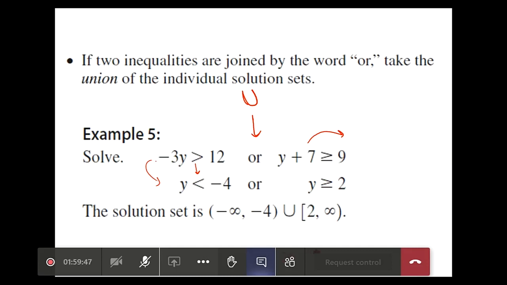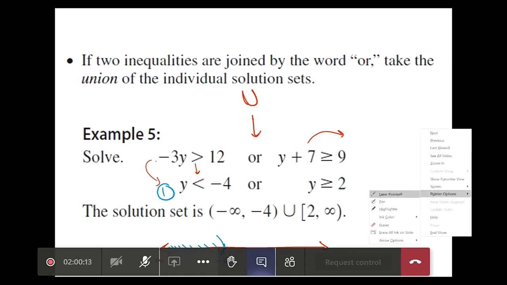Look at this. Minus infinity to infinity. We have the first equation in the line, this one, less than negative 4. So we have negative 4 open and less than negative 4 toward minus infinity.